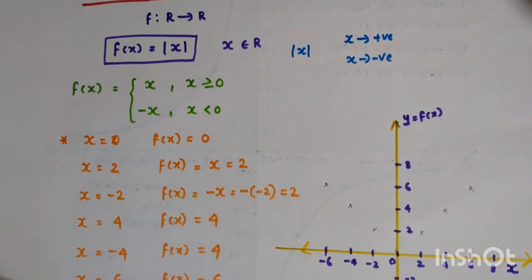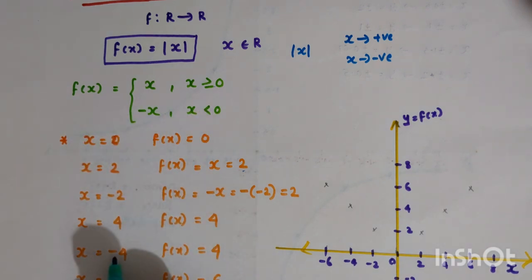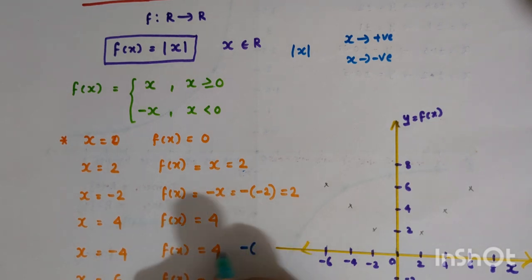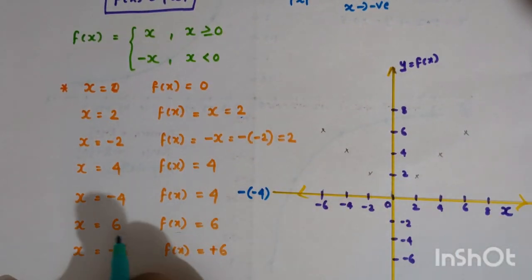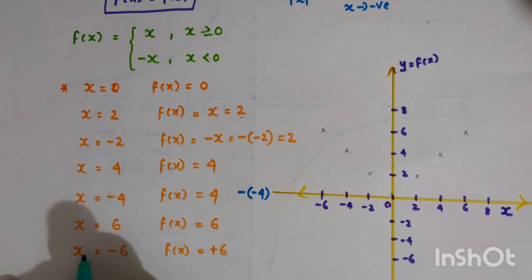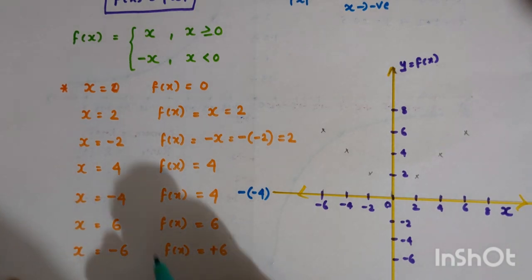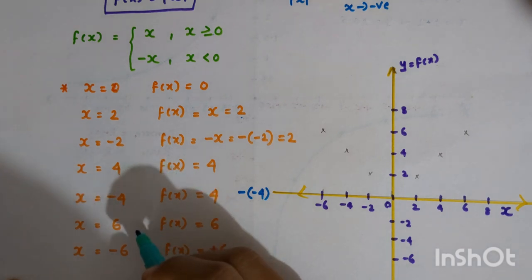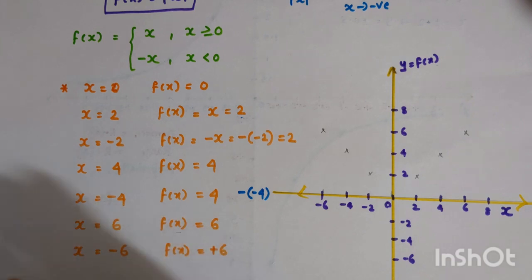When x is equal to minus 4, x is less than 0, so f of x is minus x, that is, minus of minus 4, which is plus 4. Similarly, when x is equal to 6, f of x will be 6. When x is equal to minus 6, f of x will be plus 6. So for both positive and negative values of x, we have f of x as a positive number.